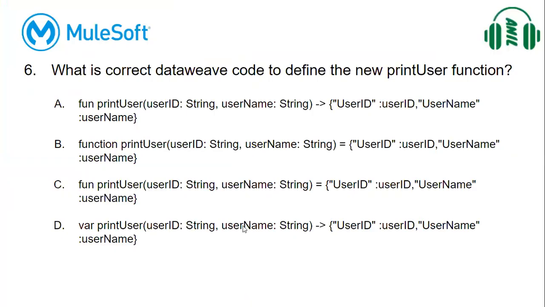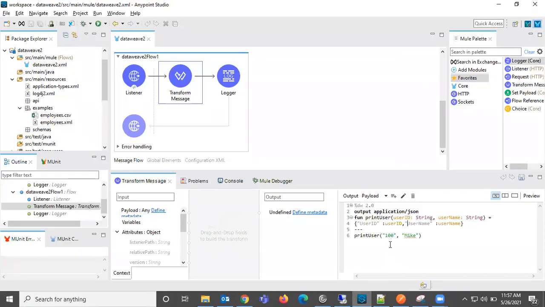Let us see the options. See here, print user hyphen. This is not the correct syntax. We need to use equal here, so this is not correct. This one we need to observe. Also at the start here, we are using fun, and in the code also we are using fun.